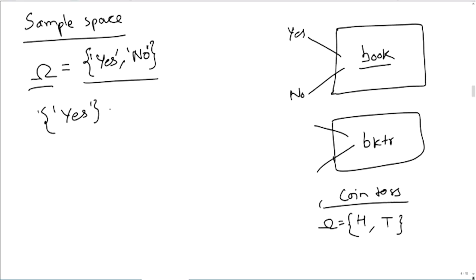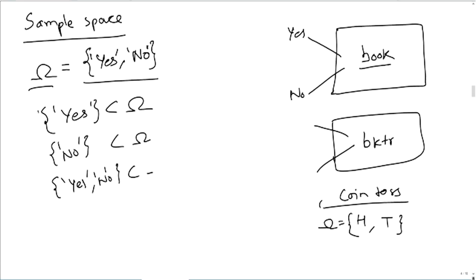Is it a possible subset of this sample space? Yes, it is. Another set containing only no is also a subset of omega. A set containing both yes and no is also a subset of omega. And you can also think of an empty set, which is also a subset of omega.